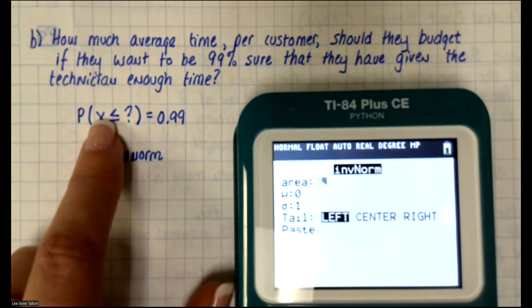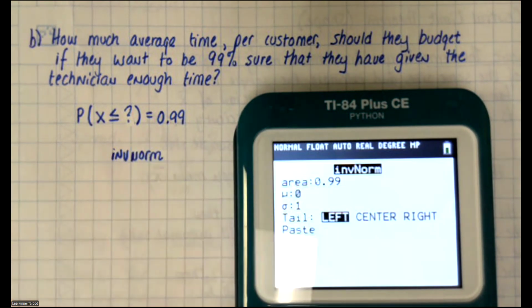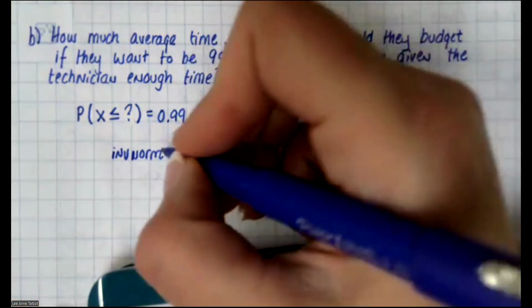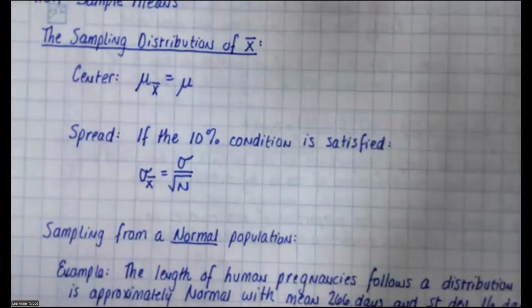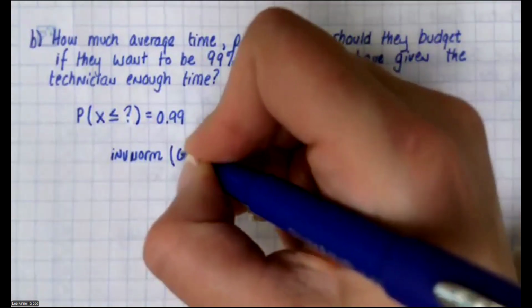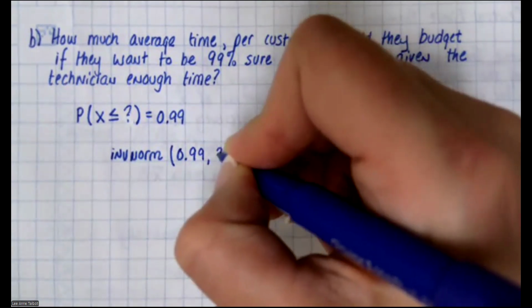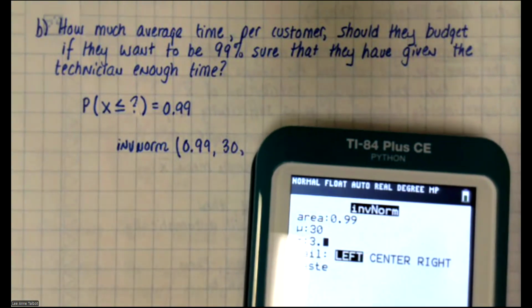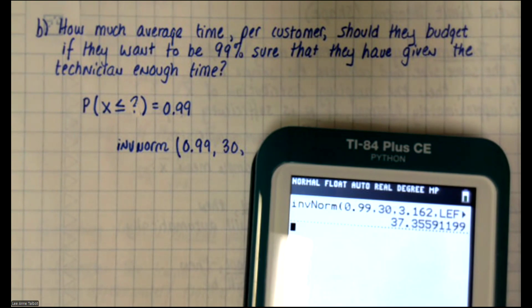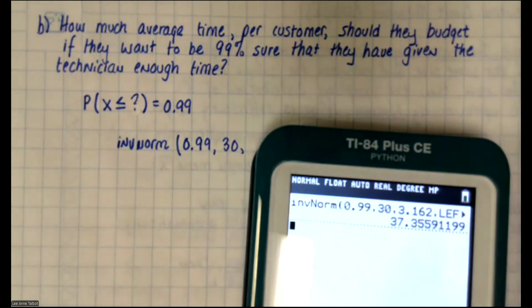So our area is 0.99. Mean was 30, and standard deviation was 3.162.